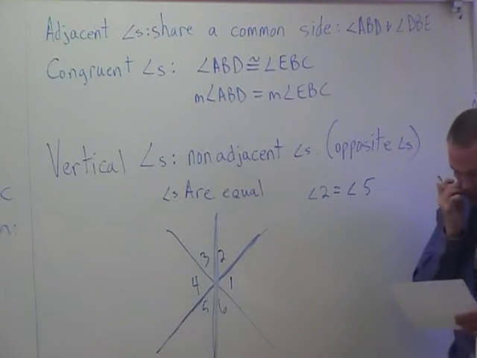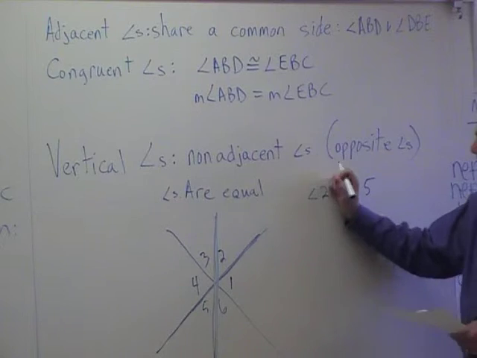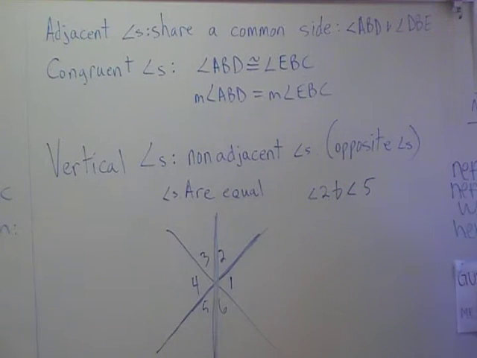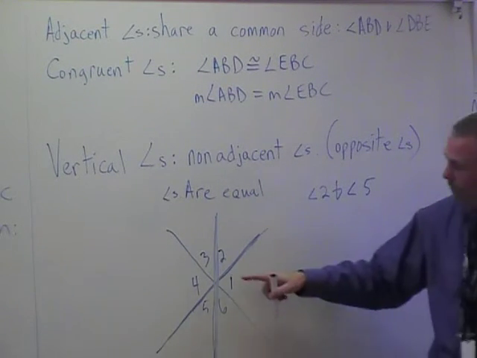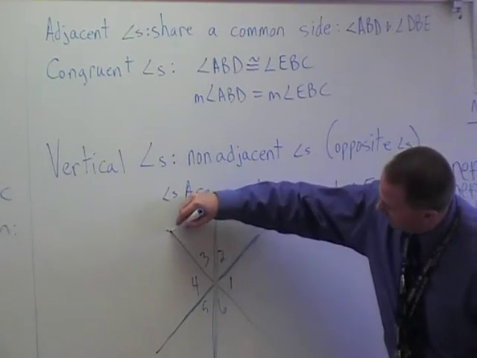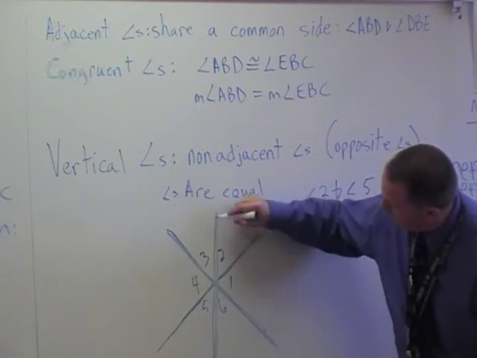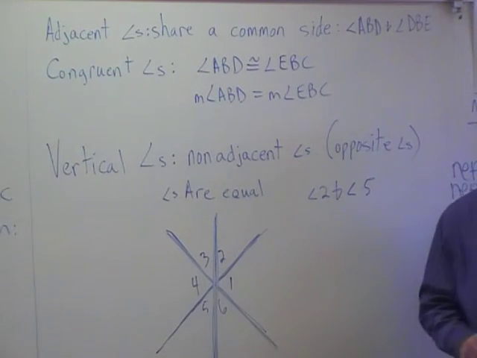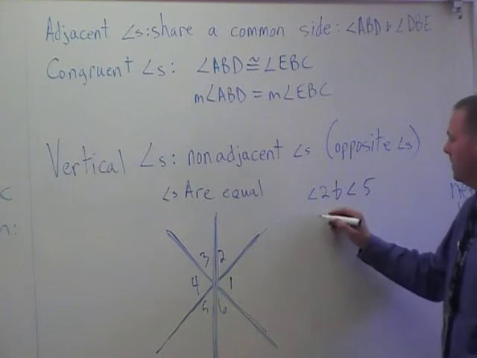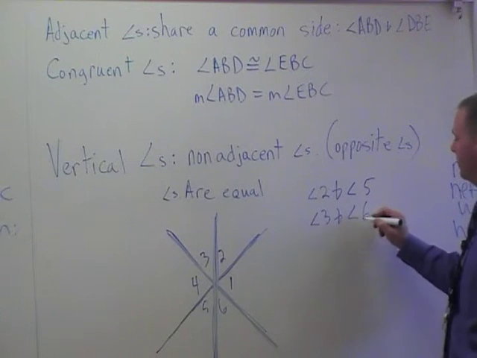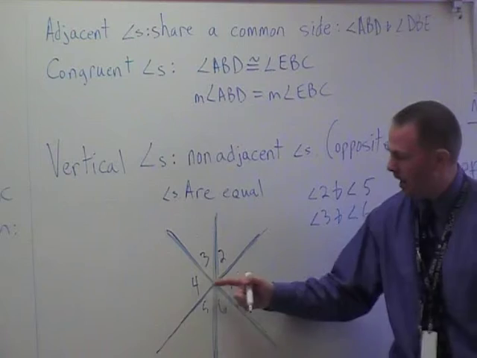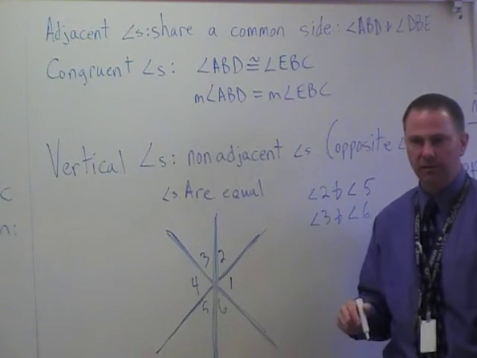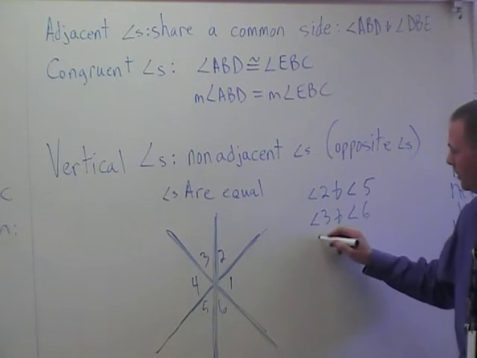Those are vertical angles. So what you do is you just draw the lines through whichever angles they go around. If I want to do angle 3, then it's this line and this line. So which is opposite angle 3? 6. There you go. So angle 3 and angle 6. And then what do you have left? 4 and 1. Notice that they're opposite of each other. That's where we get the term opposite. So angle 4 and angle 1.